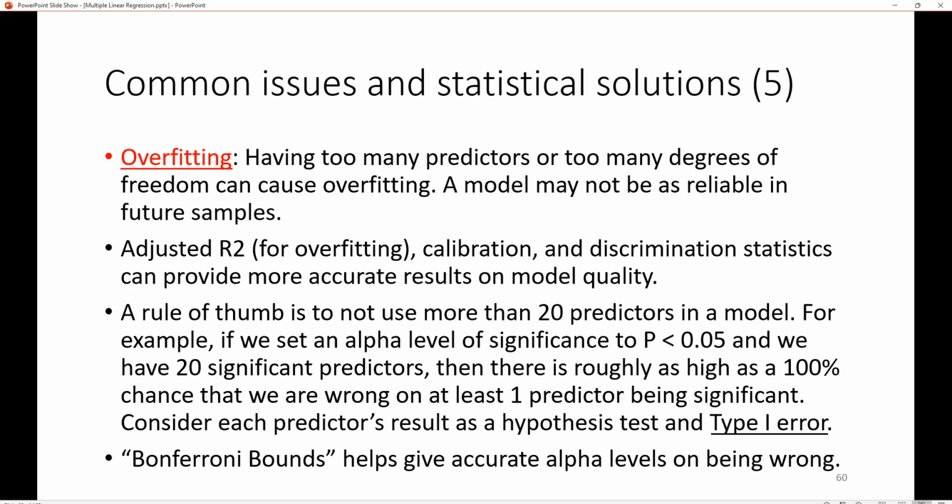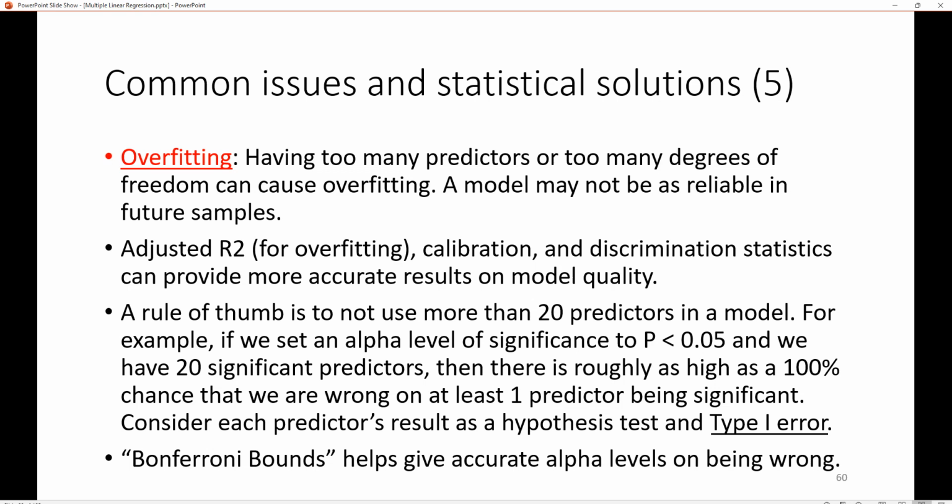So that probability of p less than 0.05 tells us the probability of saying that there is a significant effect when there really isn't one, which we call a type 1 error. That value, p less than 0.05, is meant to describe the probability for each predictor.